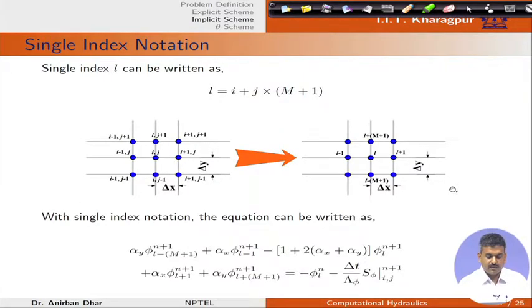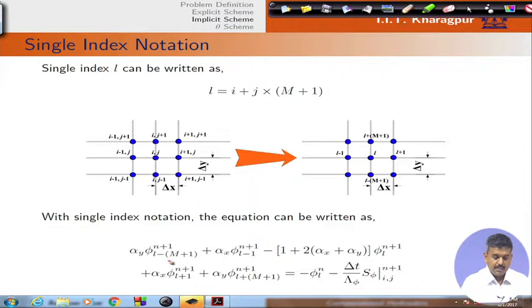For single index notation, again we need to convert it with L minus m plus 1, L minus 1, L plus 1, L plus m plus 1 format. In this case, these values are unknown. So, matrix form is essential for this problem.